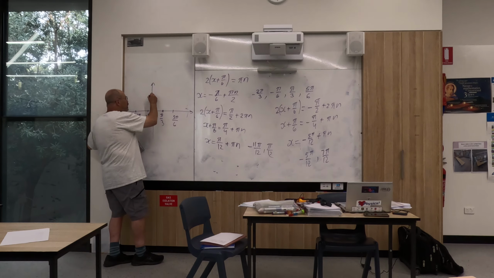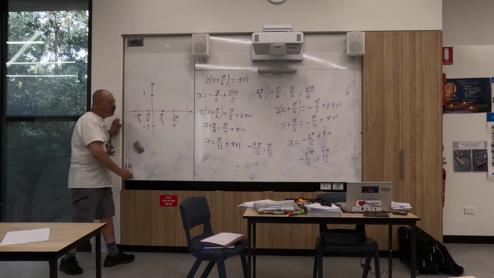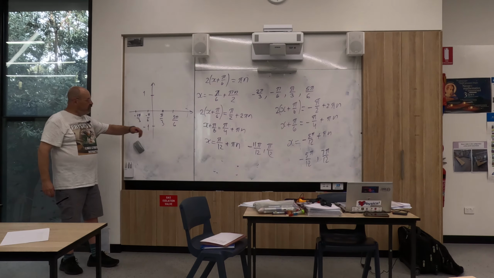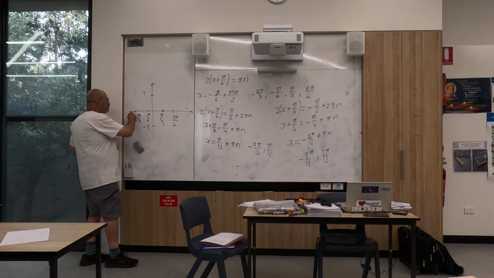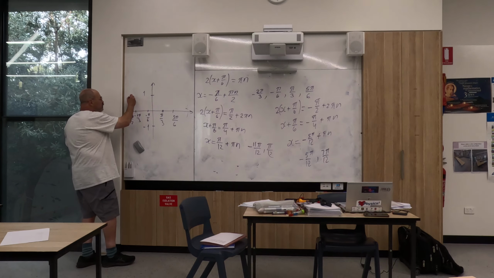It equals 1 and negative 1: it equals negative 1 at negative 11 pi on 12, which is somewhere here, that's when we have the minimum. Then we have the maximum, equals 1.